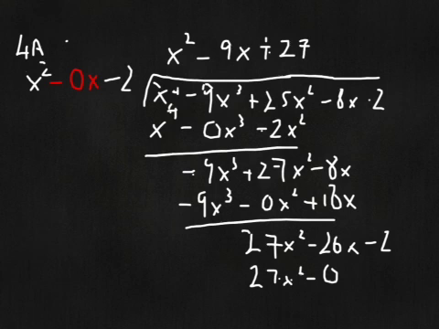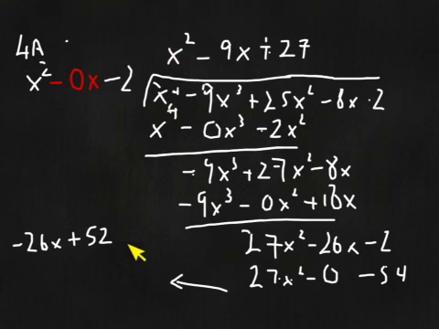And then minus 27 times minus 2 is minus 54. Do the subtraction, I'm going to do it over here. You get minus 26x. Minus 2 minus minus 54 is plus 52. So this up here is the quotient, and this down here is the remainder.